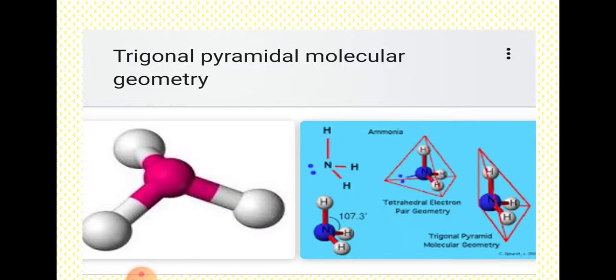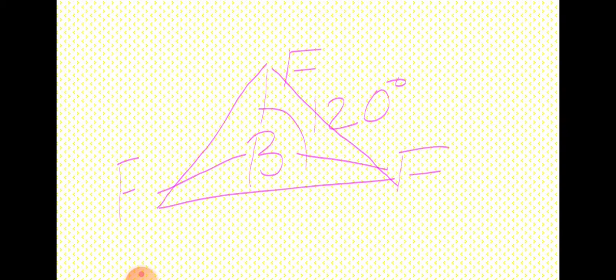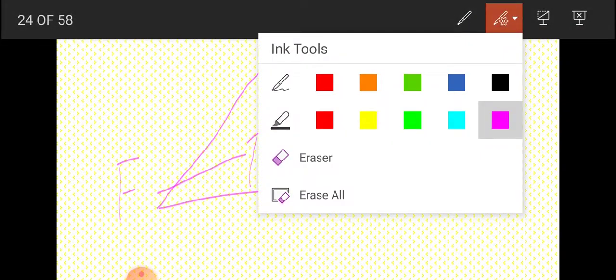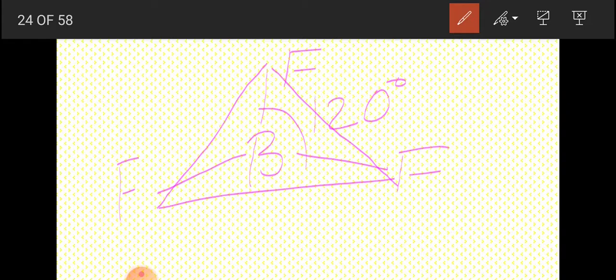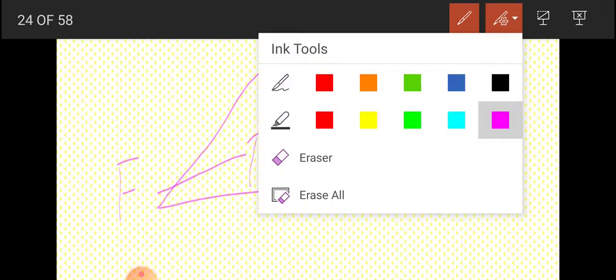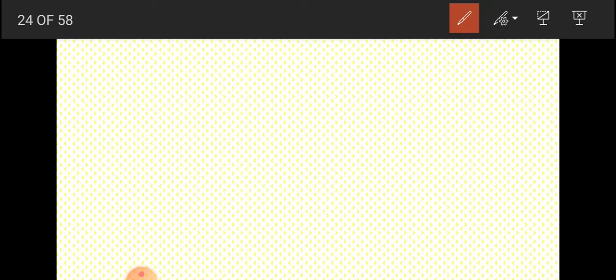Now let's see the ammonia molecule. I hope you can draw the structure of methane. First you will draw methane, then you will try to make ammonia. Let's draw methane first.